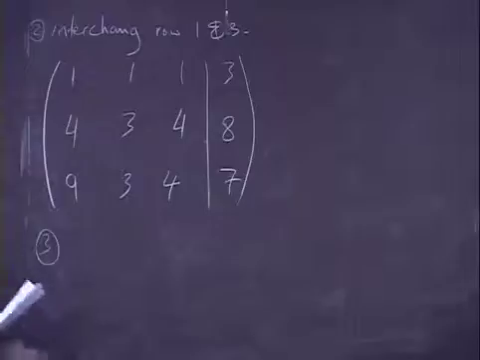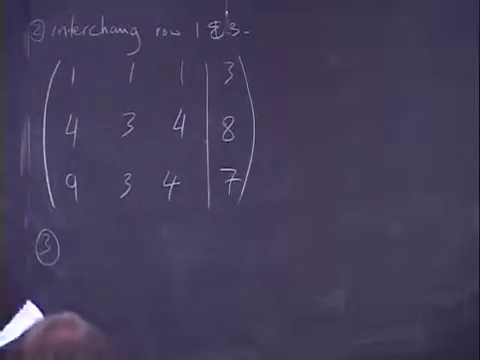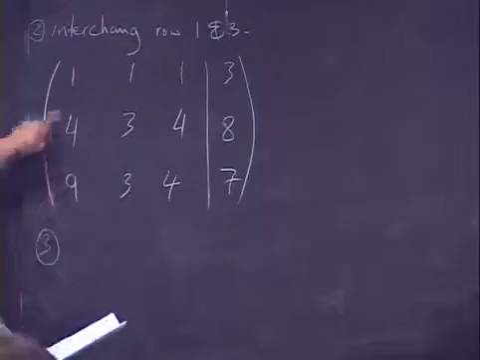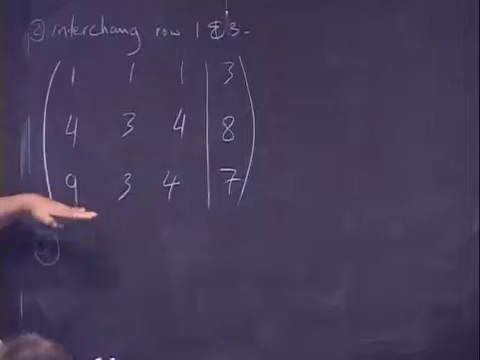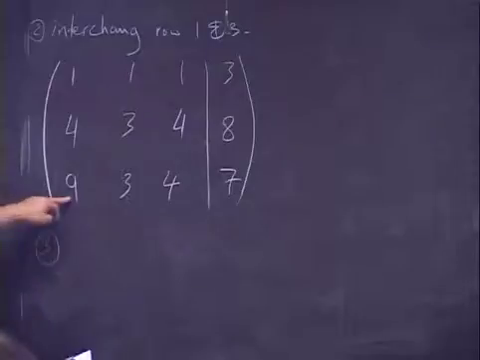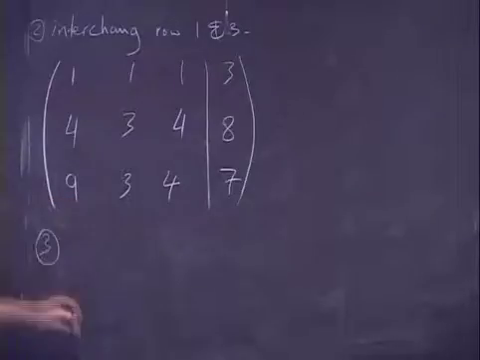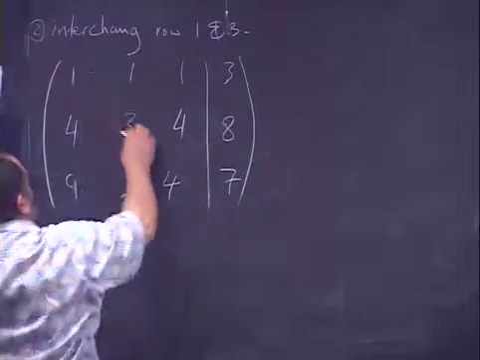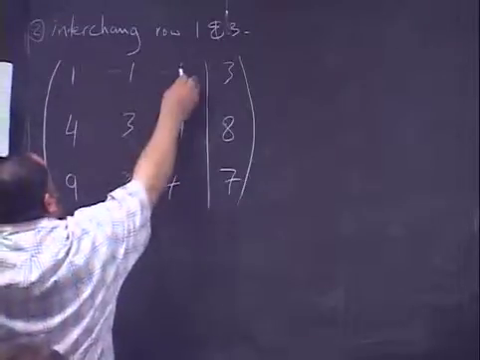Now, after we interchange the two rows, here is 9, here is 1. So let's start from the lower and proceed towards the upper ones. We need to make it in the form of triangular form or echelon form.